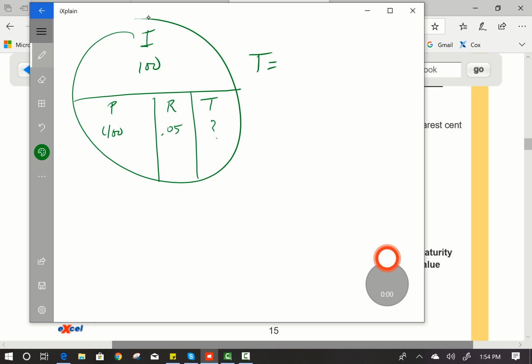Time is equal to the interest divided by the principal times the rate. So the interest is 100, and then the principal times the rate is 400 times 0.05. That equals 100 over, let's calculate the denominator now. 400 times 0.05 is equal to 20.